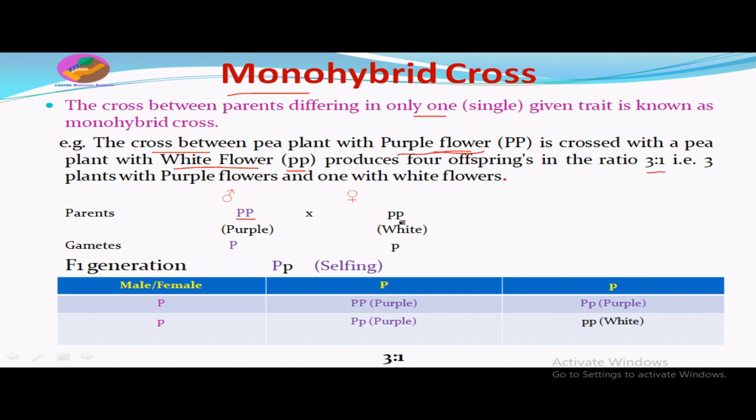Another parent is also a pure line, homozygous for the recessive trait, and will produce white colored flowers. When these two pure line parents are crossed, they produce gametes like this, and these gametes mate, and the F1 generation results.